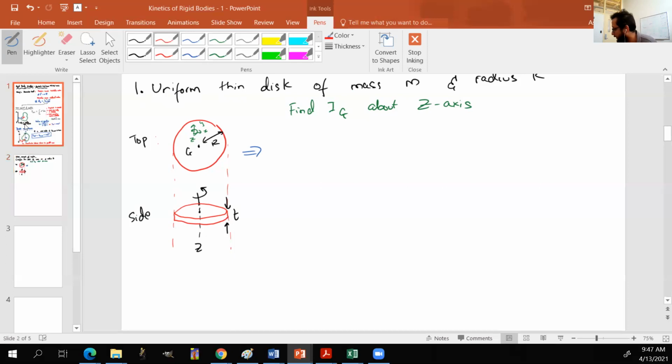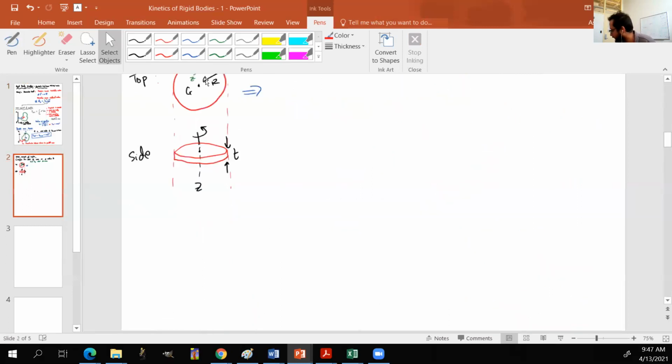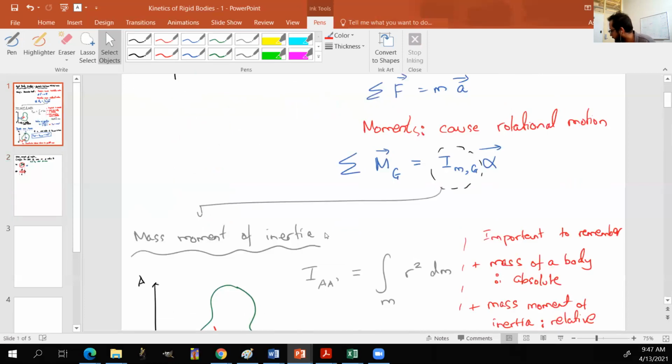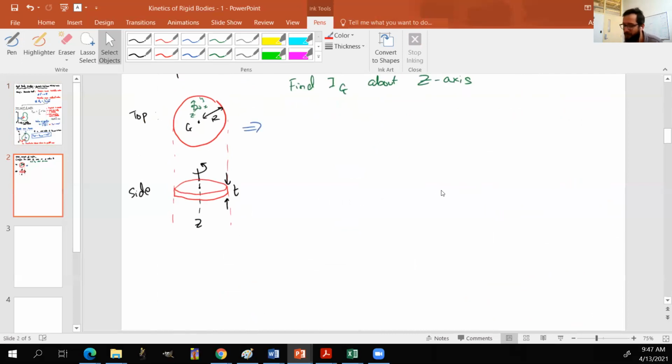Basically, the trick is that you need to find out what dm is. R squared can be integrated from 0 to capital R because that's given to you in the problem, right? And the trick is just finding out what dm is, right? So the way that you do this, and you guys should have seen this in calculus, you break up your disk into, wow, terrible drawing, really thin slivers.